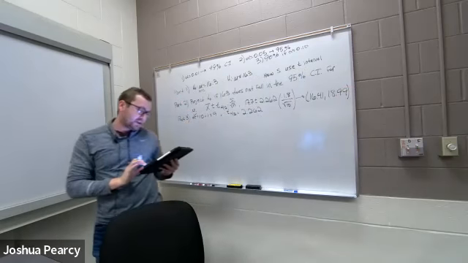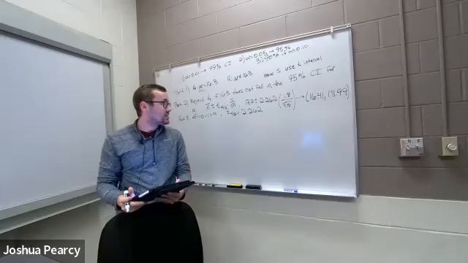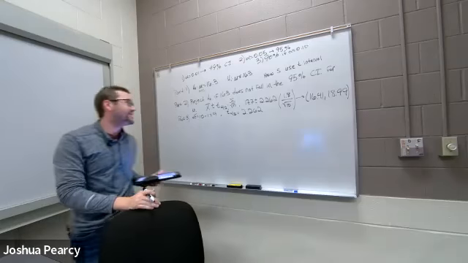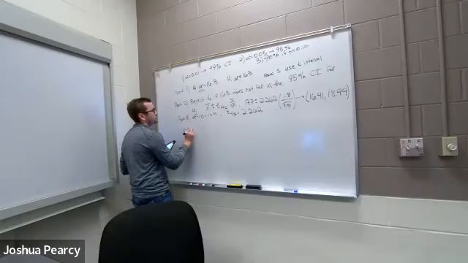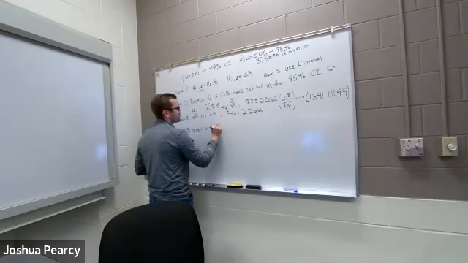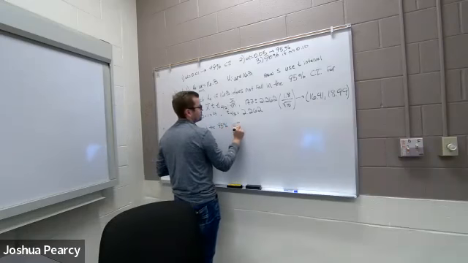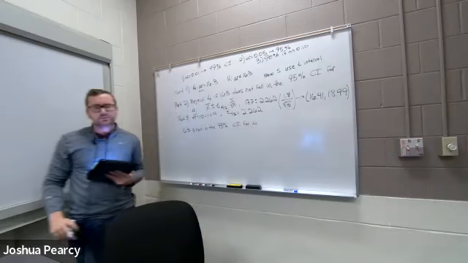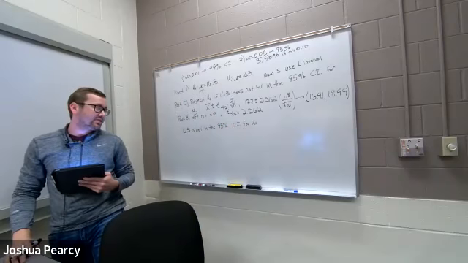And what it says is compare the confidence interval to the hypothesized value. So it's basically saying, does the hypothesized mean fall within that confidence interval? No, 16.3 is not in that interval. So no, 16.3 is not in the 95% confidence interval for mu.